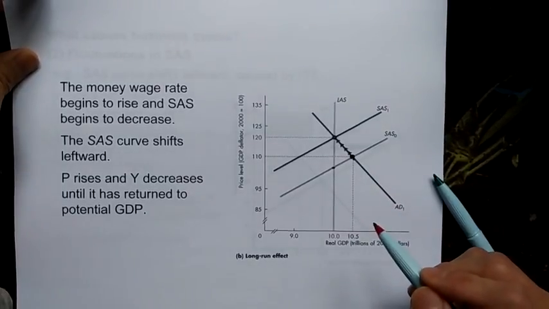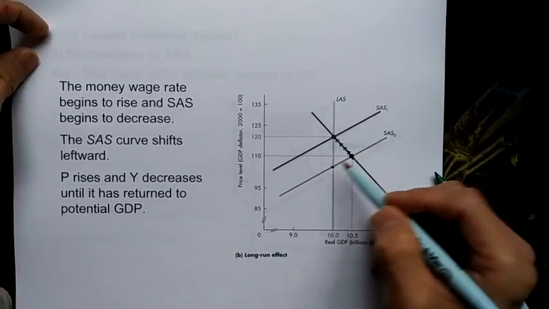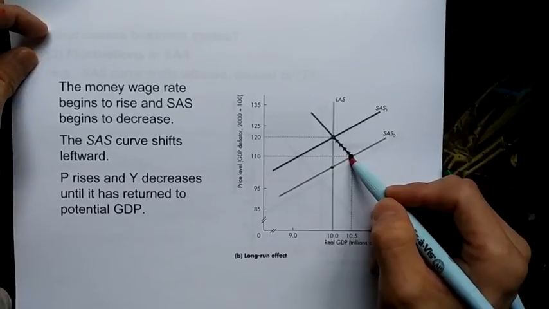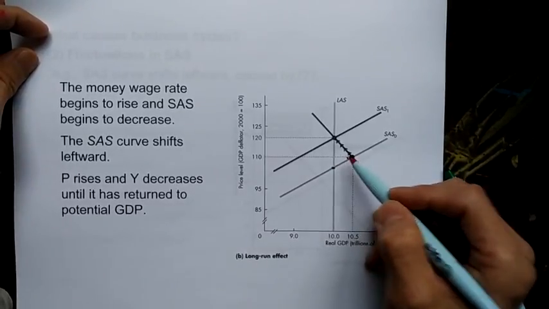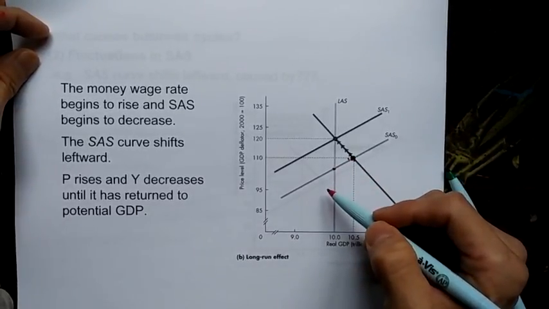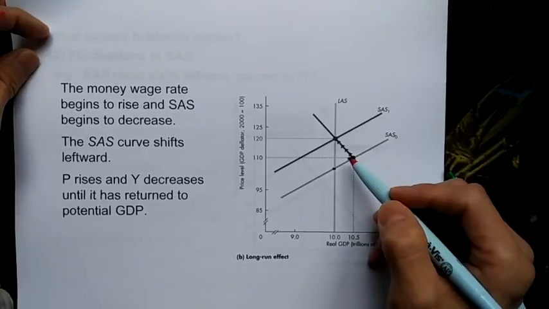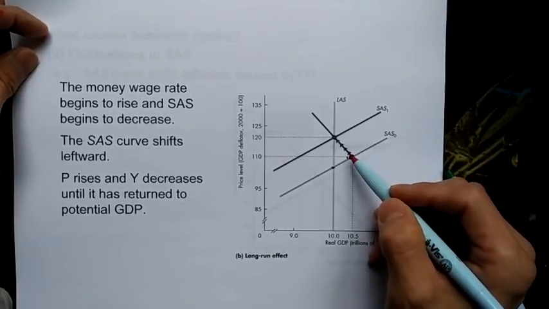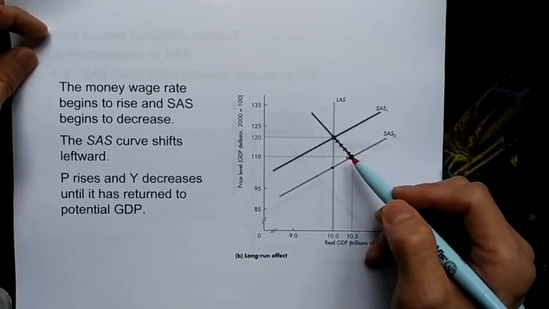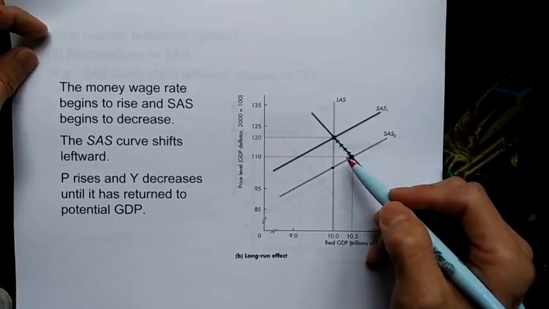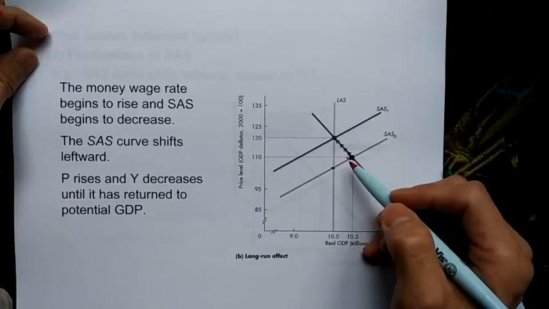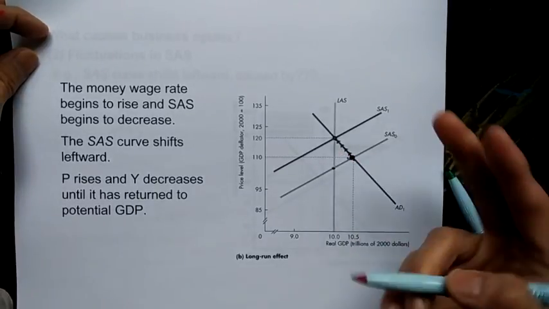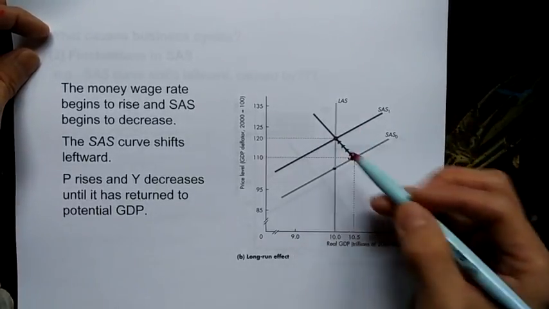Let me say it again. When price level increases, Apple becomes more expensive. Then Donna Summer is going to renegotiate her wages with her boss to ask for a higher wage. Remember, nominal wage and oil price, these two terms will shift short-run aggregate supply curve.